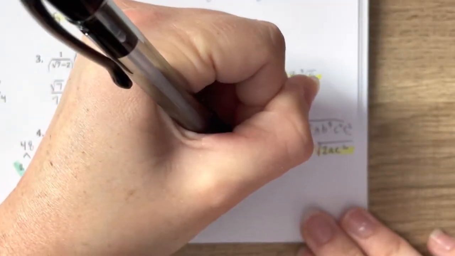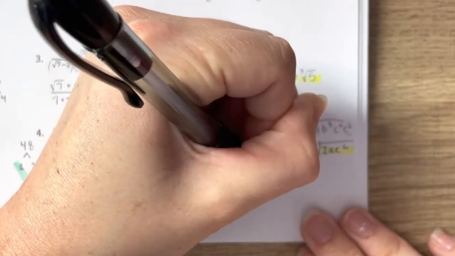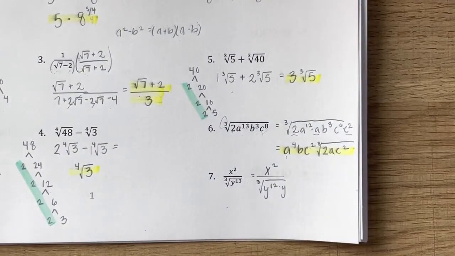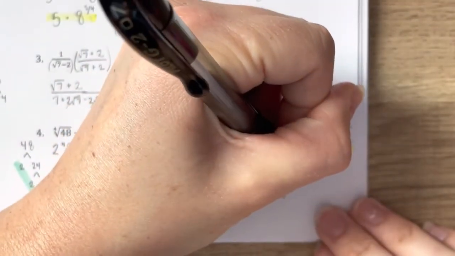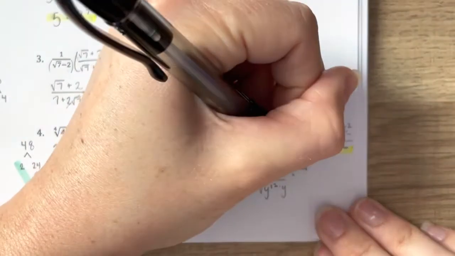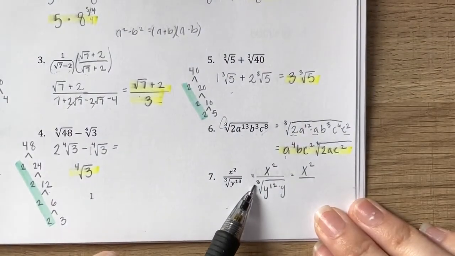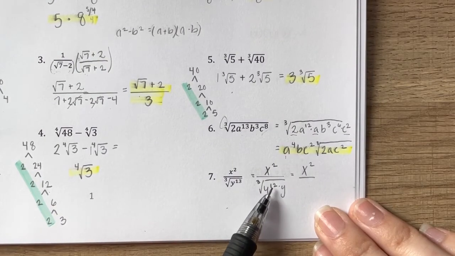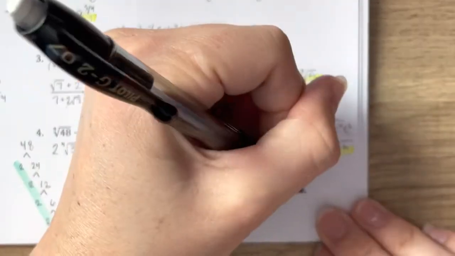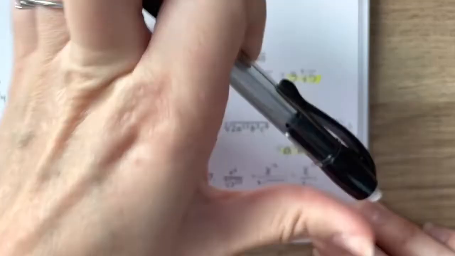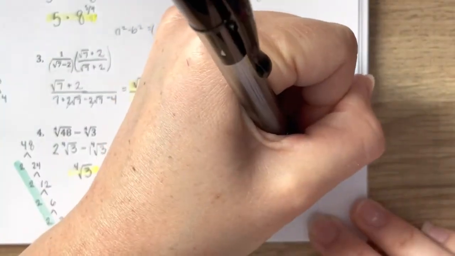So the cubed root of y to the 12th times y, just like the closest thing that's divisible by 3 that's less than 13 is what I was looking for. So the x squared will stay in the numerator. And then the cubed root of y to the 12th, I just have to divide 12 by 3, so that's y to the 4th. And then I'm left with the cubed root of y.